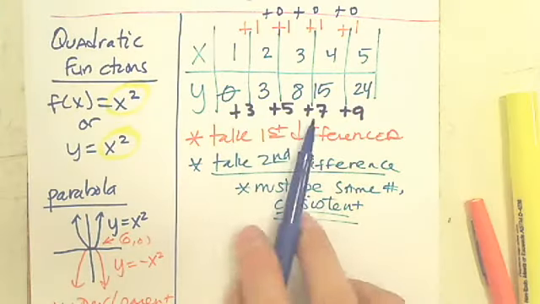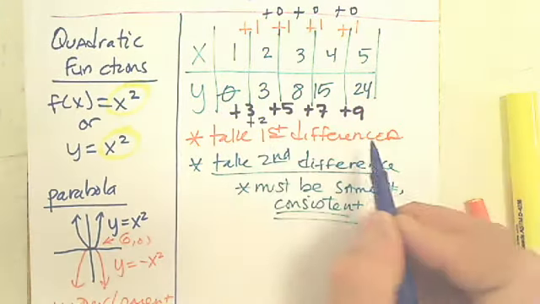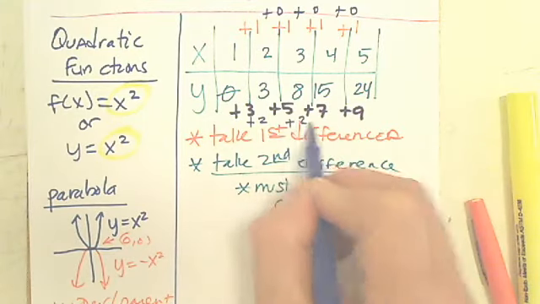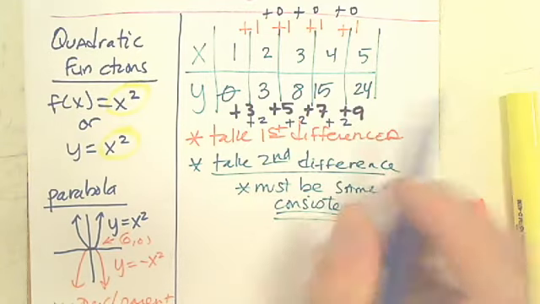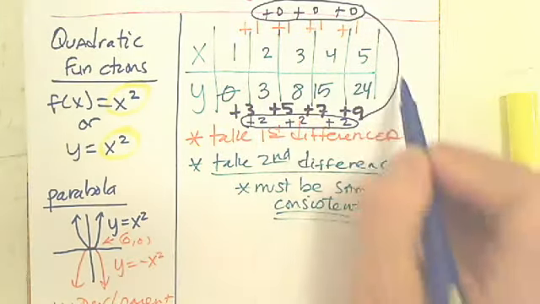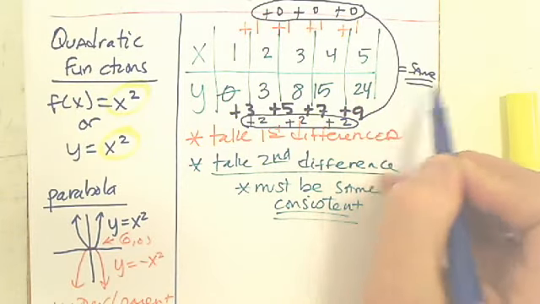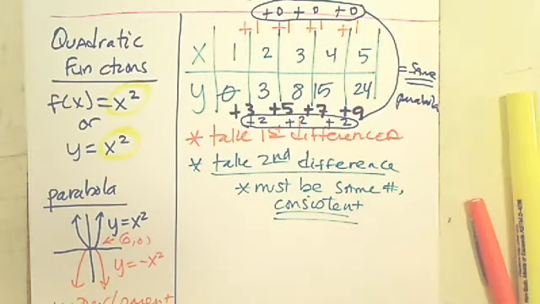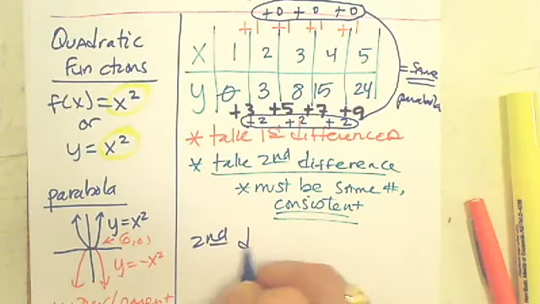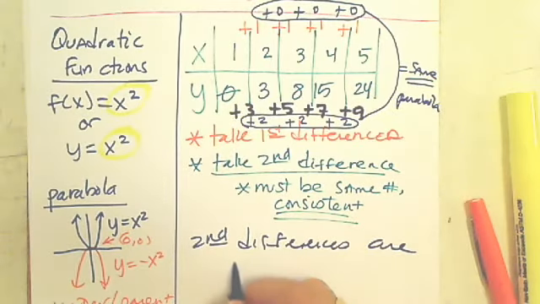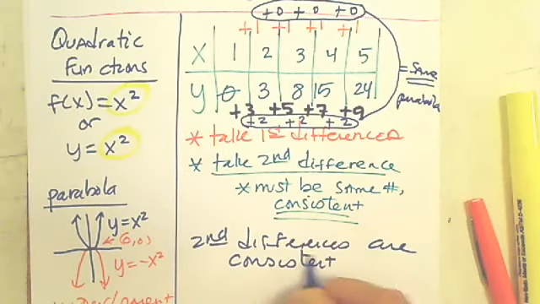Well, how does 3 become 5? Plus 2. How does 5 become 7? And 7 become 9? Because the second differences are the same, it is a parabola. Okay? So because the second differences are consistent, it is a parabola.